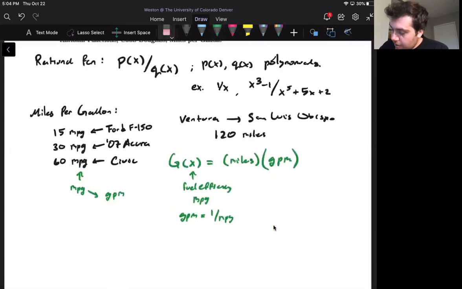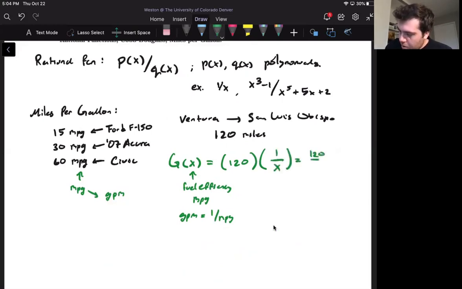So erasing the text, we get that our g of x is miles traveled times 1 over miles per gallon. So it'll be 1 over x, or 120 over x.